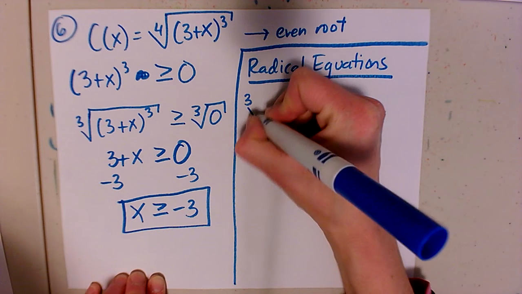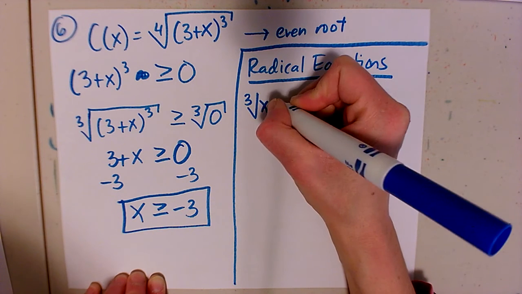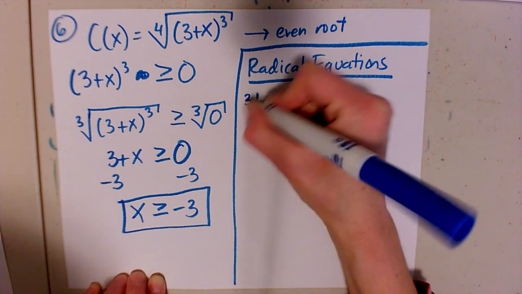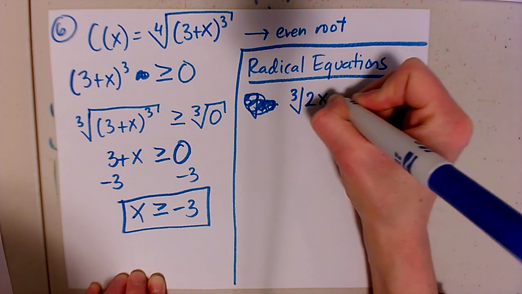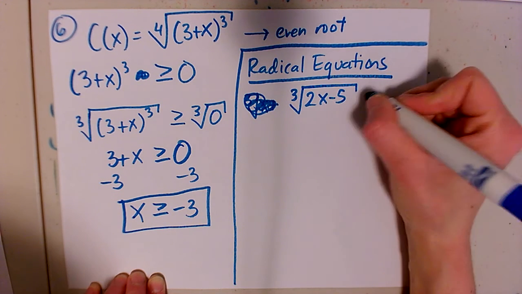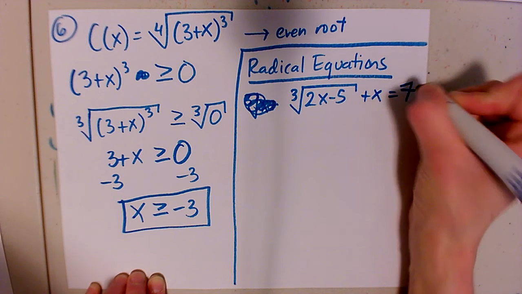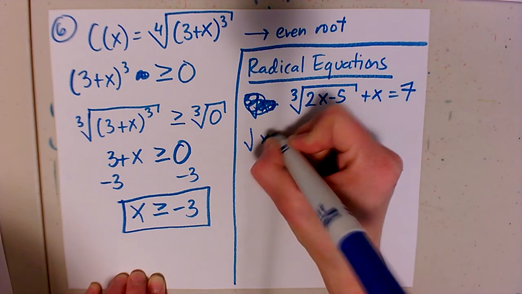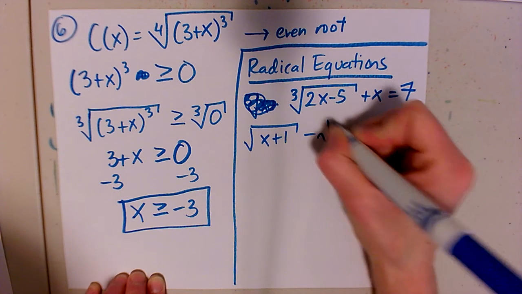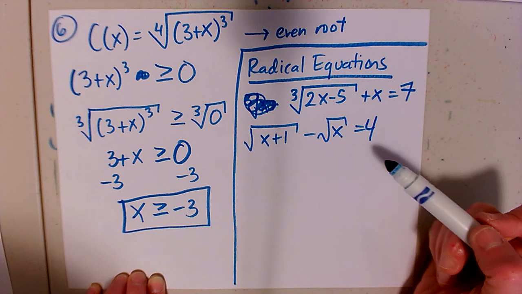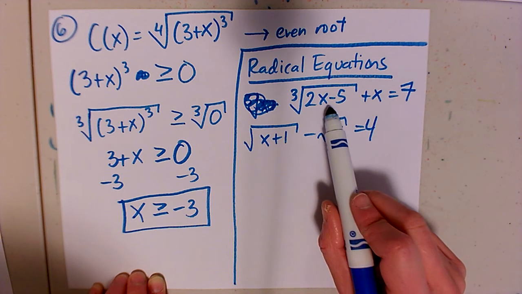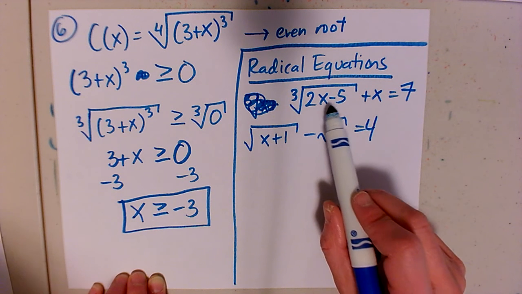An example of a radical equation, if I take what's in your packet, you have the cube root of 2x minus 5 plus x is 7, and we have the square root of x plus 1 minus root x is 4. Okay, so a radical equation is just an equation that has a variable in the radicand.